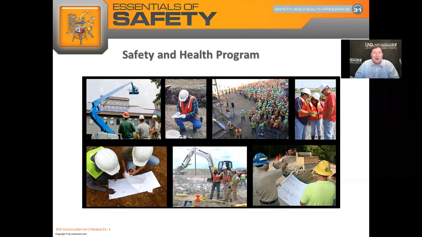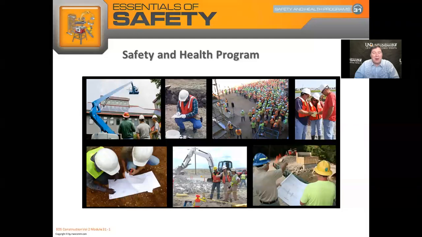So, looking at our areas that we still want to be covering yet this semester, we are on module number 31. So, if you want to open up your workbook, you can look at the quiz questions at the end.